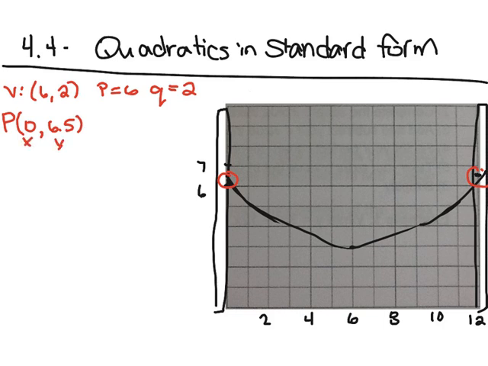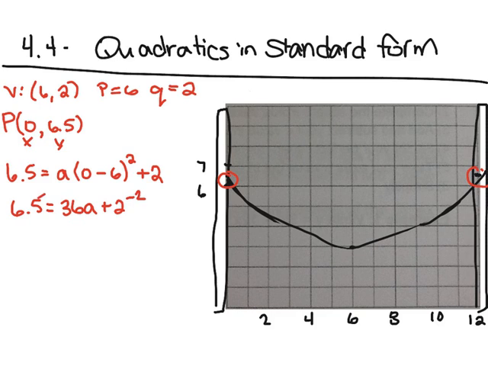So y, what's our y? 6.5. So 6.5 equals a (0 minus 6) squared plus 2. 6 squared is 36. Subtract 2 from both sides.